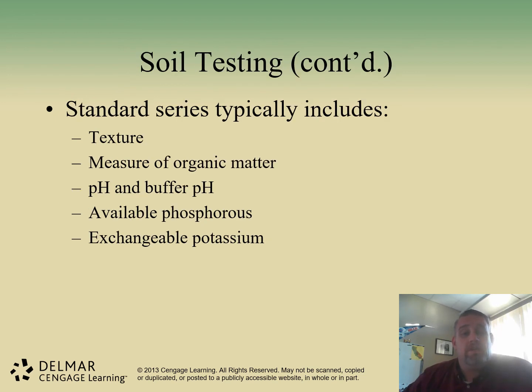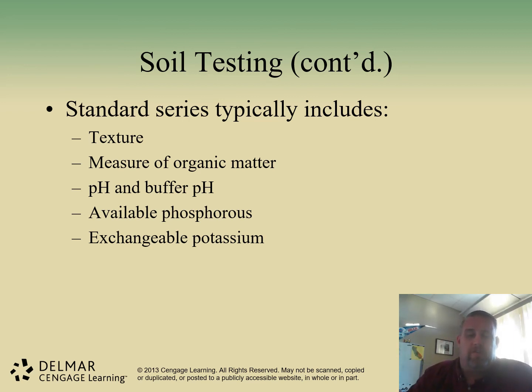So other things that can be told in your soil sample besides the chemical makeup are the texture. You can get the amount of organic material measured. They will measure your pH. They will measure the available phosphorus and any exchangeable potassium that you have within your soil. These are all very standard parts of your test, and if you send in any test, they're going to give you this information.